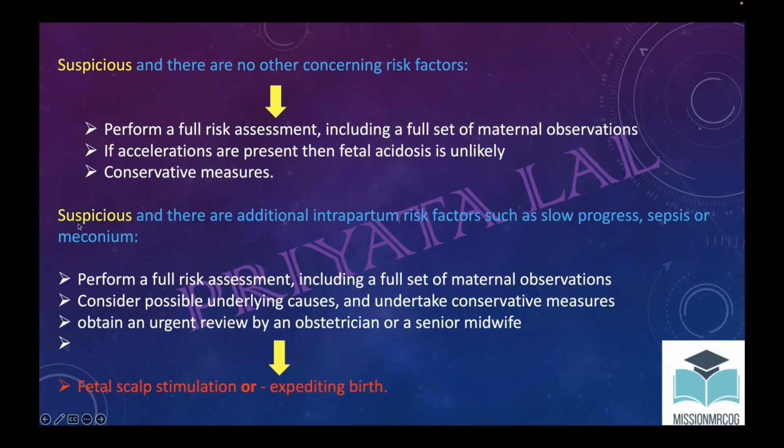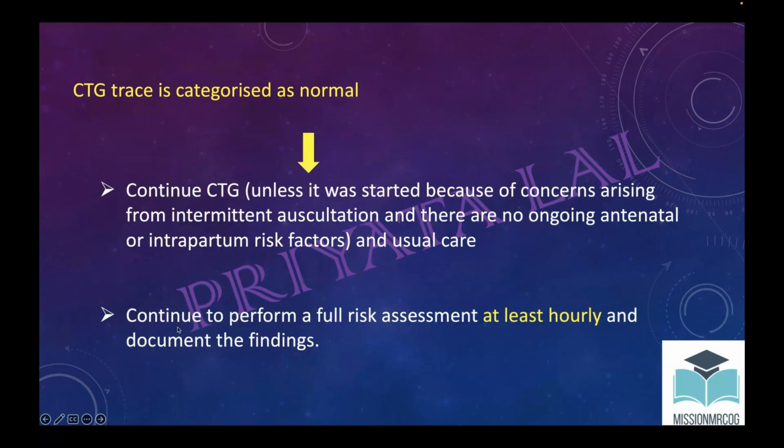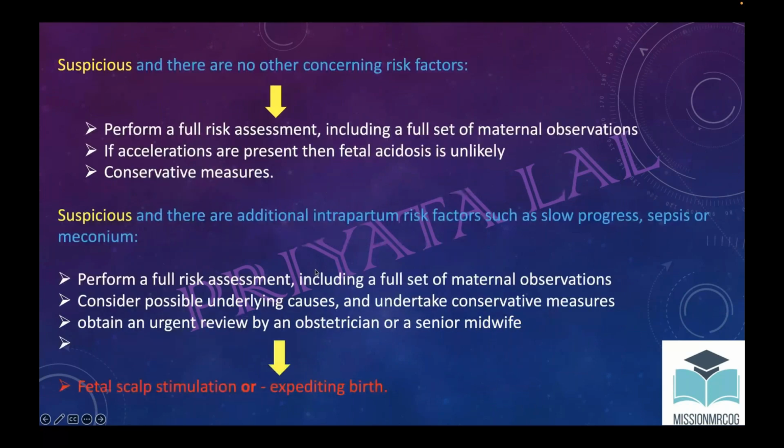So if the CTG is normal, please review the woman every hour. If the CTG is suspicious, you have to divide into two parts. If suspicious CTG and no other risk factor, take conservative measures.